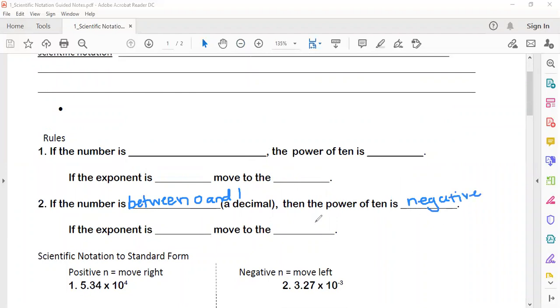So if the exponent is negative, move to the left. Okay, so make sure you have these notes copied in, and I'm gonna pause this real quick, and I'm gonna switch to the whiteboard because I really wanna make sure you guys can follow what I'm doing here, and I think it helps to see it on the whiteboard when we're actually moving the decimal places, okay? So I'll pause this and switch cameras. You guys make sure you have this written.